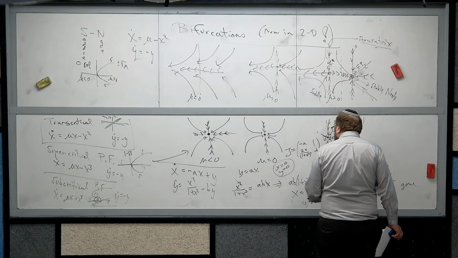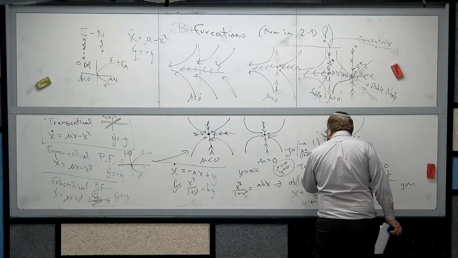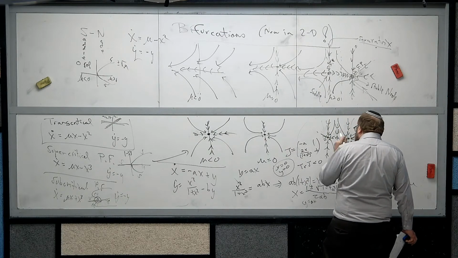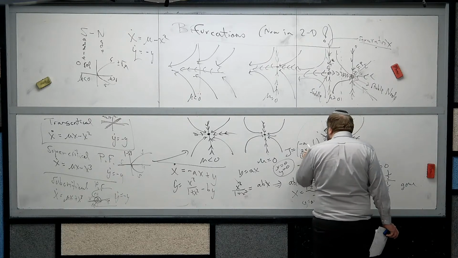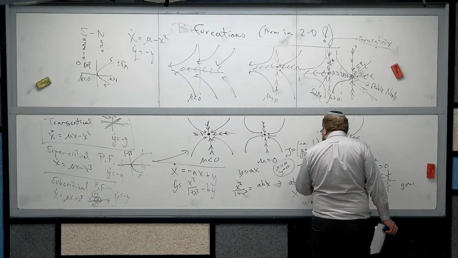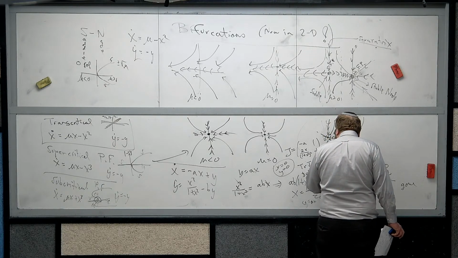So therefore, trace J is negative. And we have that determinant J is ab minus 2x over 1 plus x squared squared.